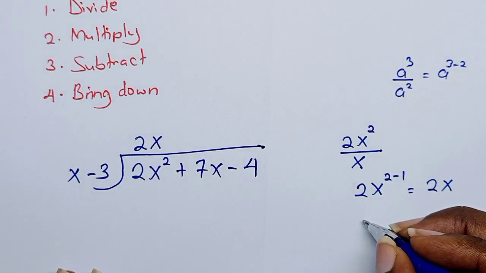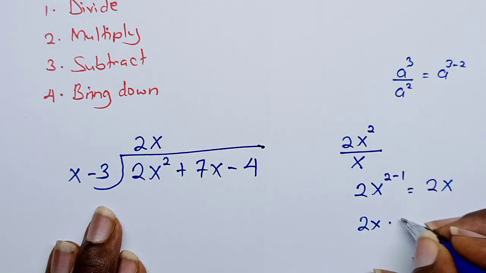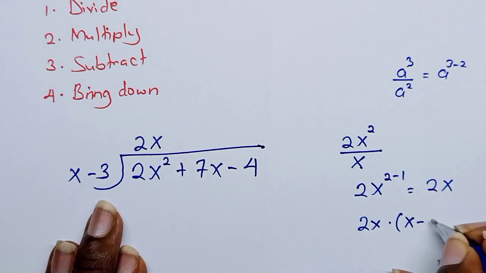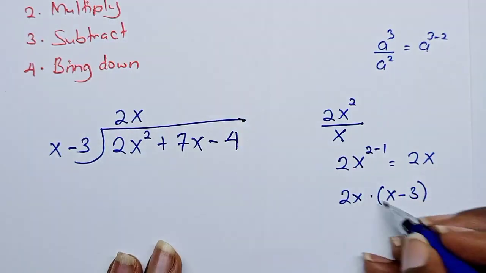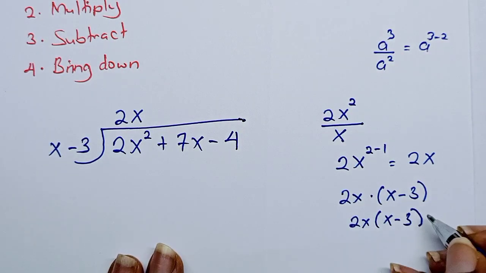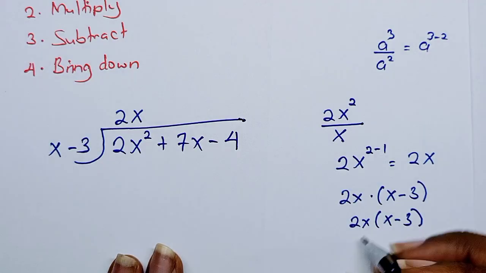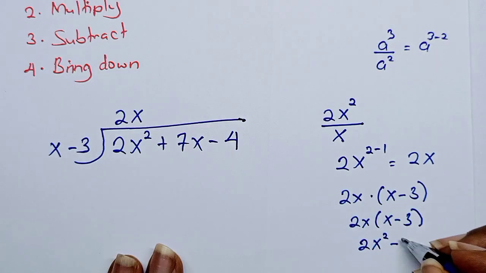So we shall have 2x times x minus 3. 2x times x is 2x squared, minus 2x times negative 3 becomes 6x.